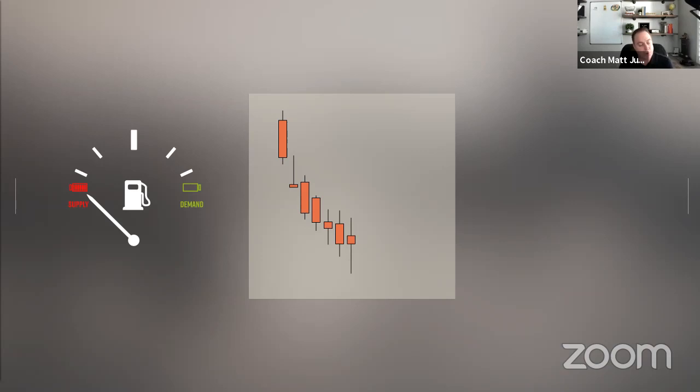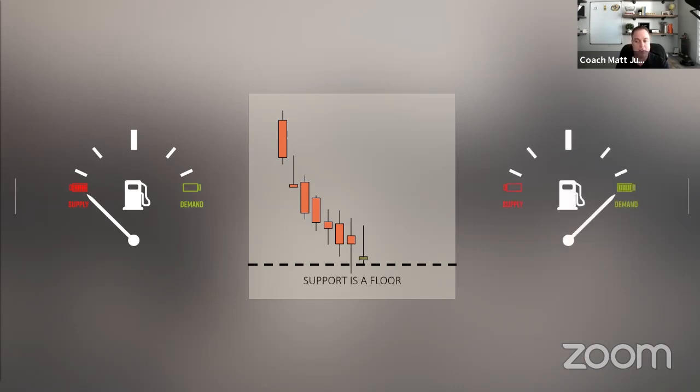And then when support comes in, and I'll go through some very basic concepts of how you can identify support in real time, it's when the buyers come back in at that support level, and now you start to see demand outpace supply.